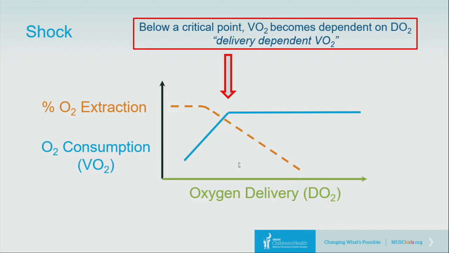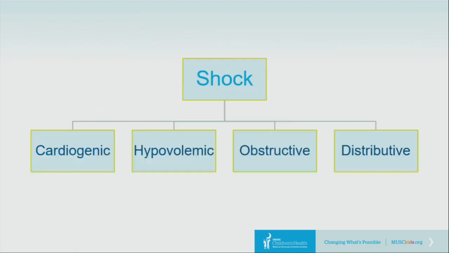But ultimately, you reach a point where the oxygen delivery is so low that oxygen extraction is maximized, and oxygen consumption, which was preserved early on in the shock state, declines. We refer to this as delivery-dependent oxygen consumption. And on the left-hand side of the figure here, that's where, as shock progresses, you end up in a state where you're developing end organ dysfunction and metabolic acidosis.